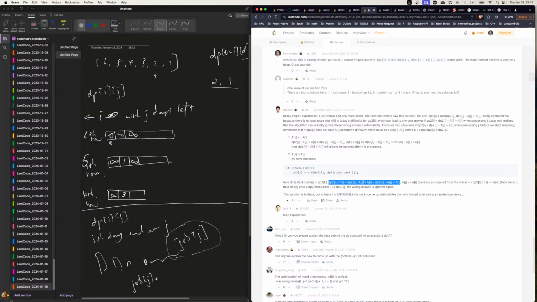So the wrong answer is larger than this. Thus dp2i equals this equals dp2k.